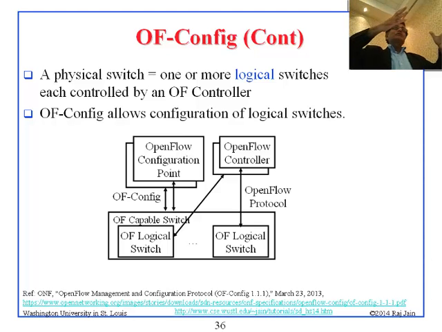And each logical switch could be controlled by a different controller. All that information is coming from OF-config. The OF-config protocol can tell you that, okay, ports 1 to 15 are the first switch, and they report to this controller. Your ports 16 to 32 are the second switch, and you report to that controller.